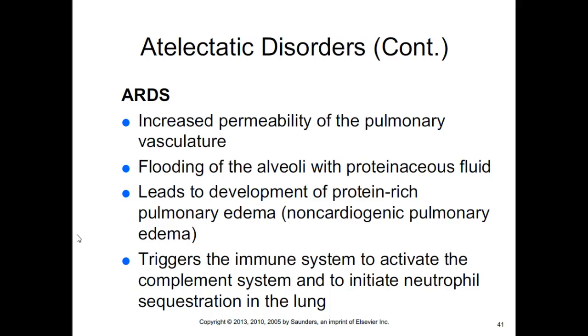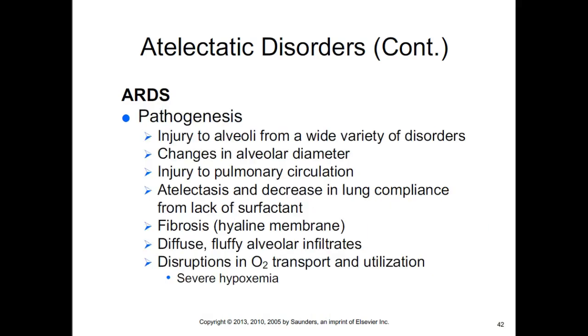So it's a non-cardiogenic pulmonary edema, which triggers the immune system to activate the complement system and then initiate neutrophil sequestration in the lung. In other words, the immune system is moving into the lung, and it's causing situations in which it's destructive to the tissue.